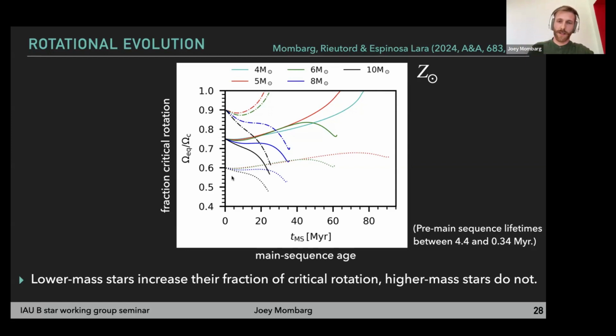And at 60%, it's not efficient to even spin up the lower mass stars. So it's quite interesting. These 2D models predict a sort of threshold in mass and in initial rotation rate where you can still push a star towards critical rotation rate. The lower mass stars still manage to do so, but higher mass stars don't.